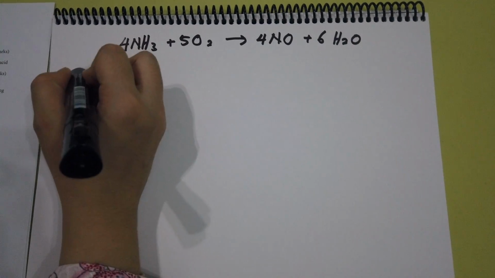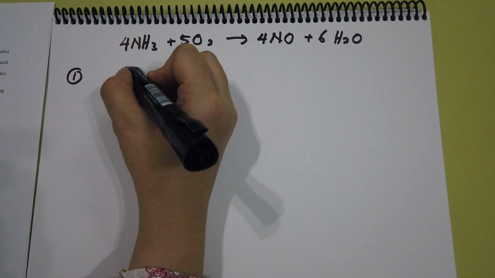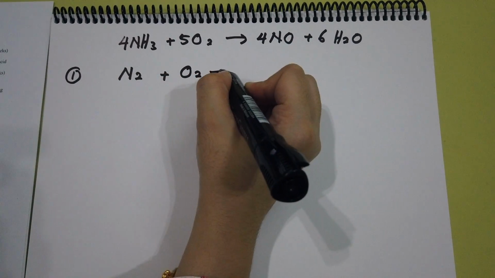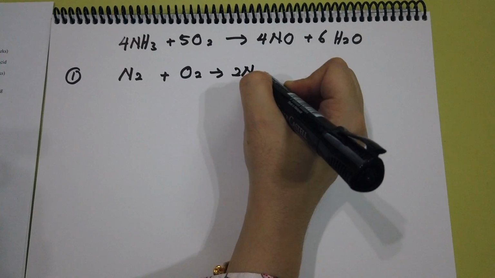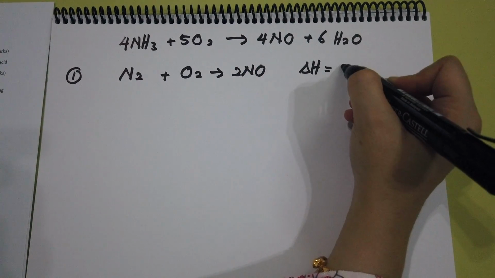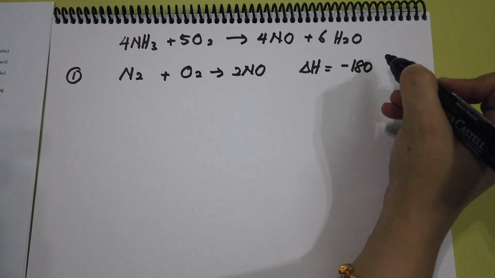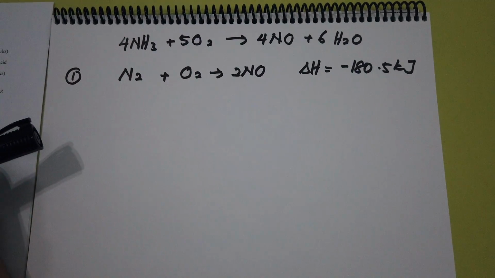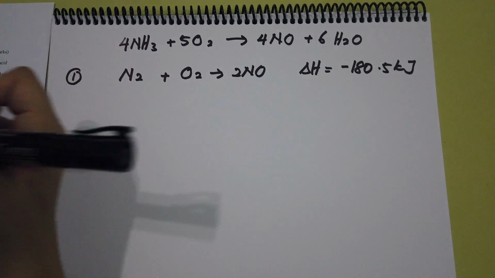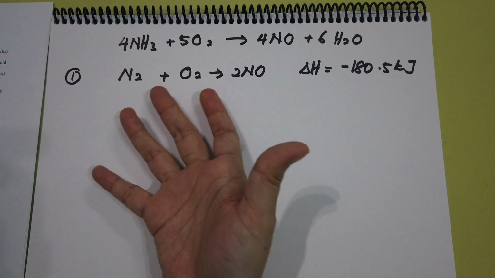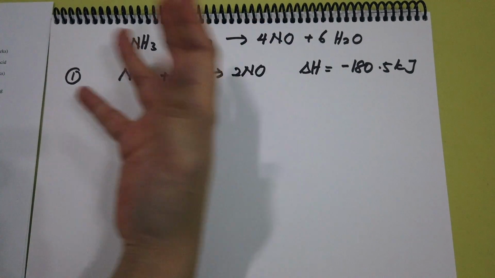The first equation is N2 plus O2 will produce 2NO, and your delta H is equivalent to negative 180.5 kilojoule. From here, you can see which one of these matches the target.